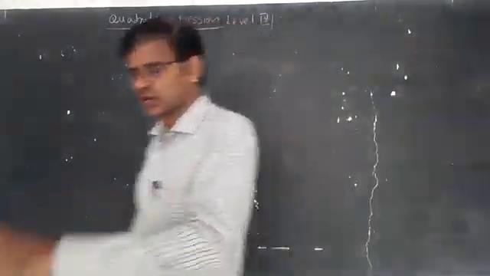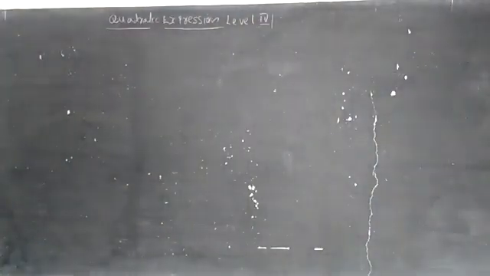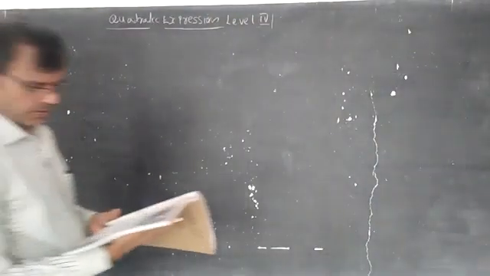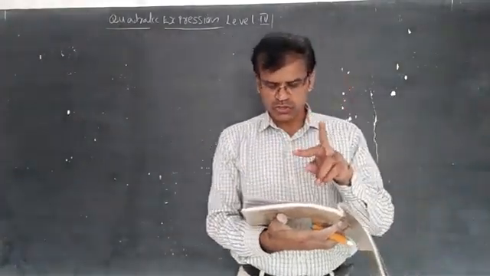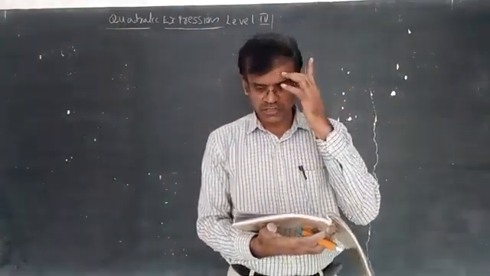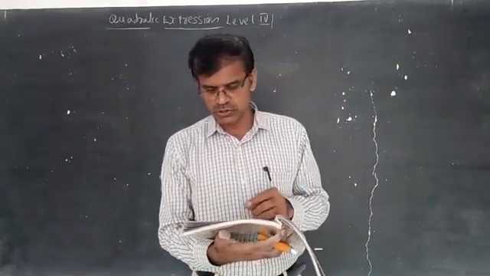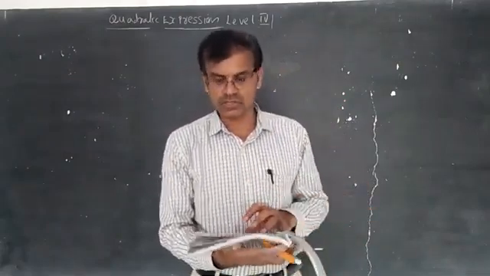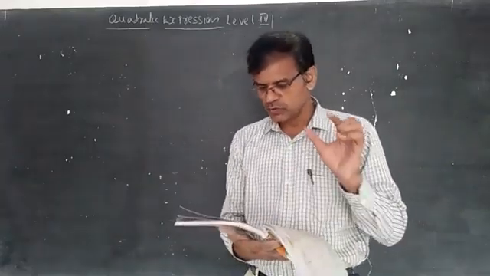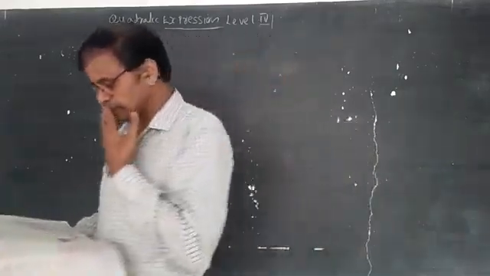Fourth option, A is false, R is true, like that. Statement 1 is true, statement 2 is true, 2 is the correct explanation of statement 1. Statement 1 is true, statement 2 is true, 2 is not the correct explanation of statement 1. 1 is true, 2 is false. 1 is false, 2 is true. In this way, we get the answer.